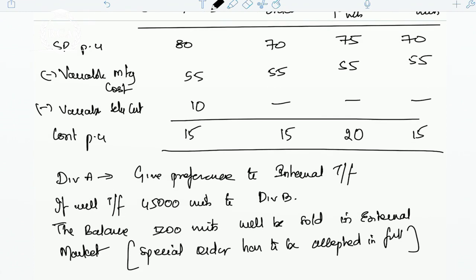Check it, guys. You can also compute the profitability statement after this. You can compute the profitability statement.